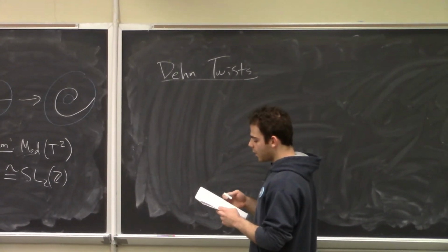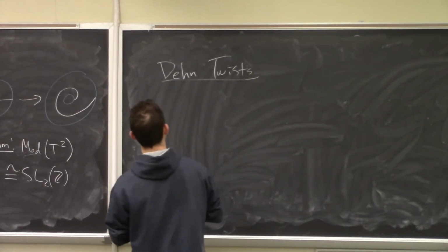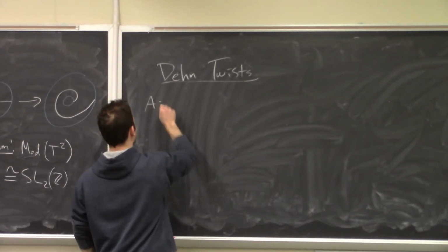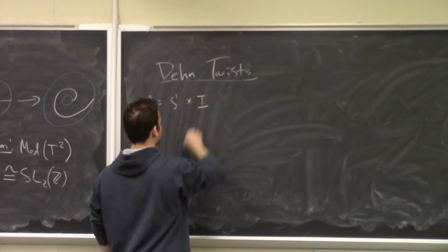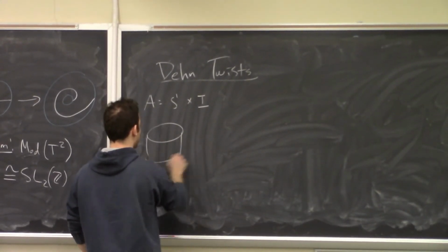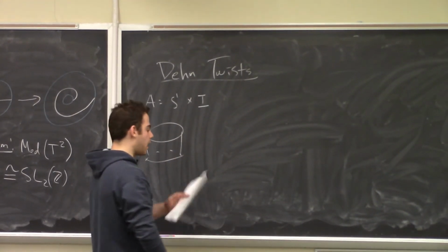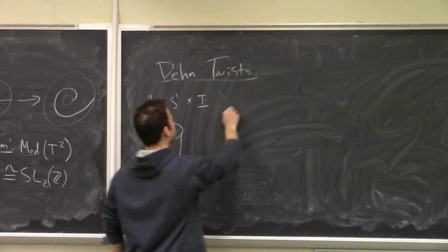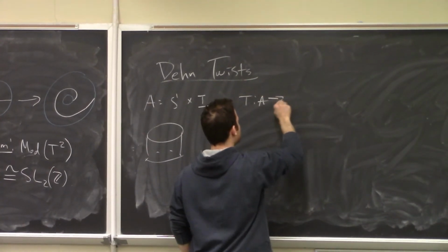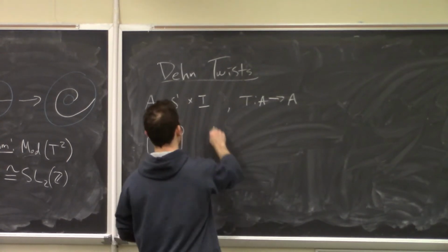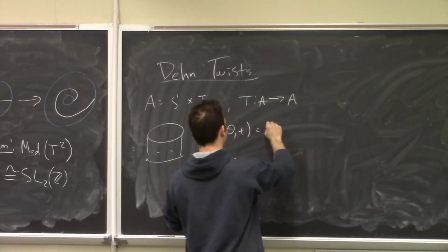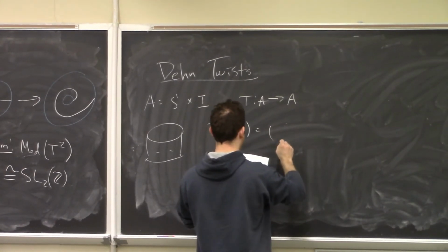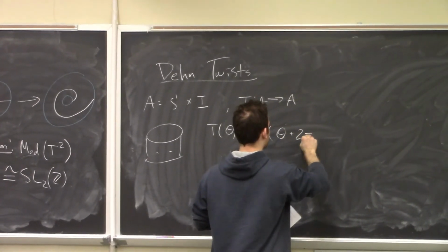But okay, the way we're going to define this is, I'm going to formally embed the annulus as just being S1 across the interval. So it is like the cylinder, and I'm going to define a map T from A to itself, where I take T of (theta, t), and this is going to be the point (theta plus 2 pi t, t).